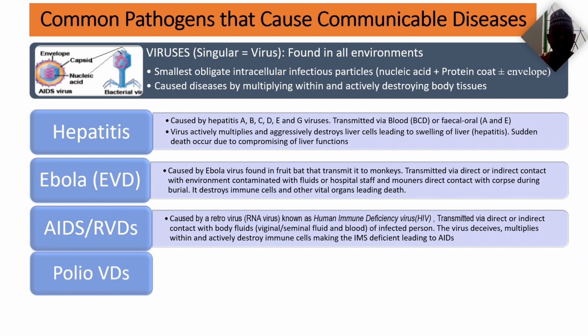Now, the next common viral disease in the environment is poliovirus disease. Polio is caused by a virus known as the poliovirus, which also multiplies in the gastrointestinal tract, and therefore it is excreted with the feces of an infected person, and therefore the disease is transmitted through ingestion of food or water contaminated by the feces of an infected person.